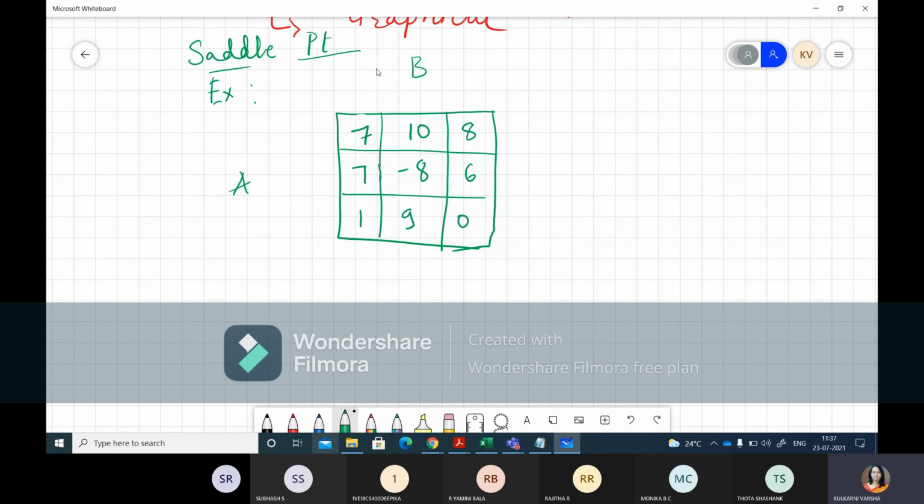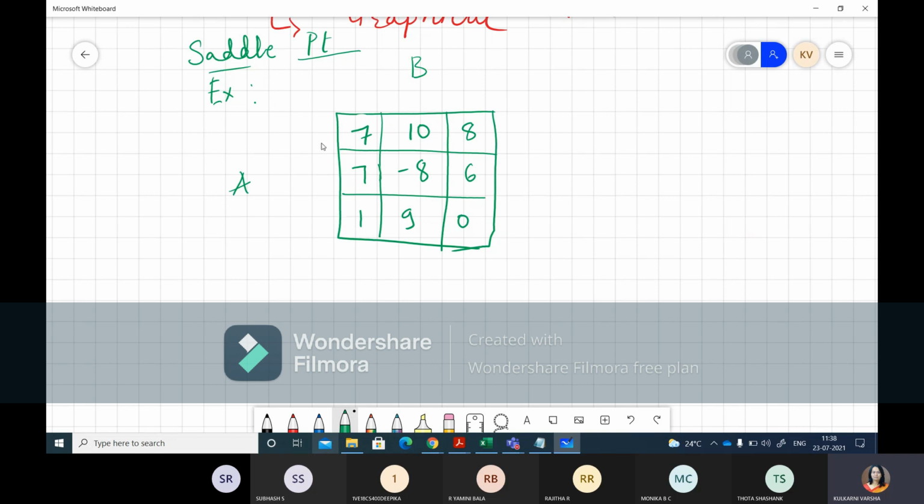To find the solution, we are using the saddle point method. The first step is to find the row minima. The second step is to find the column maxima. If row minima is equal to column maxima, that is the saddle point. Otherwise, there is no saddle point.